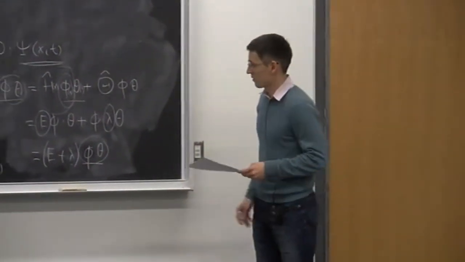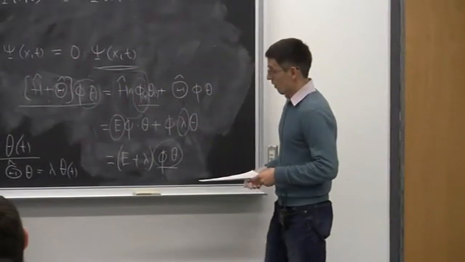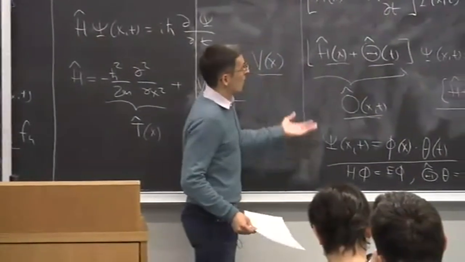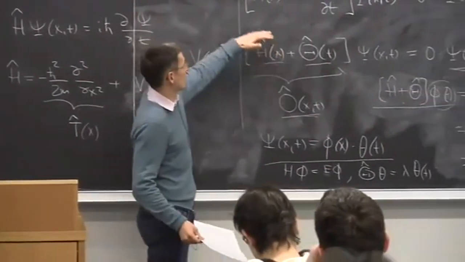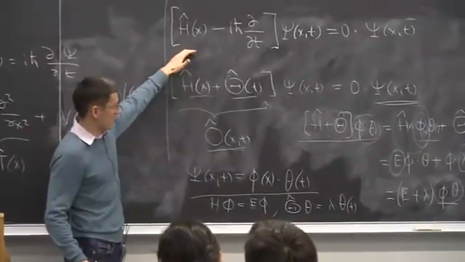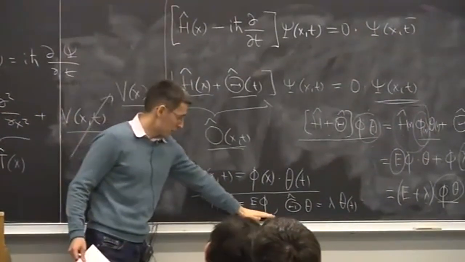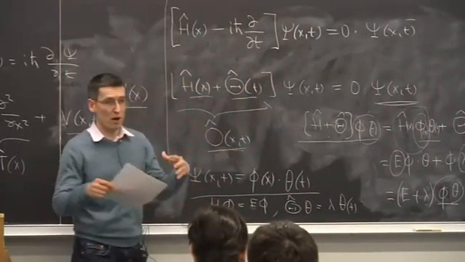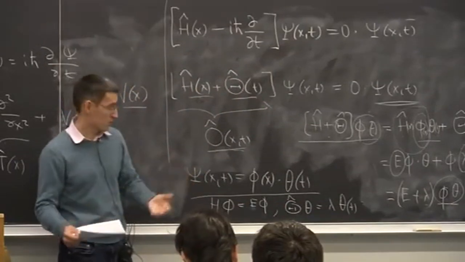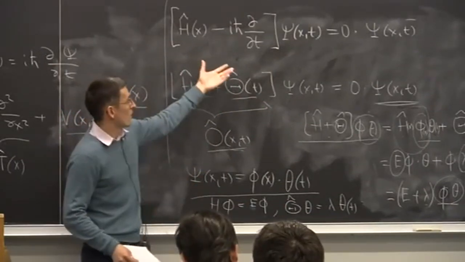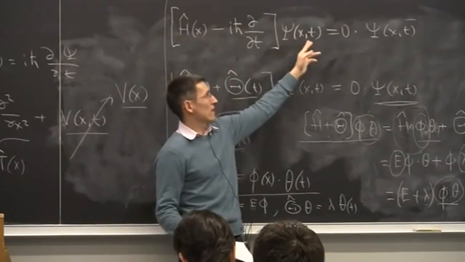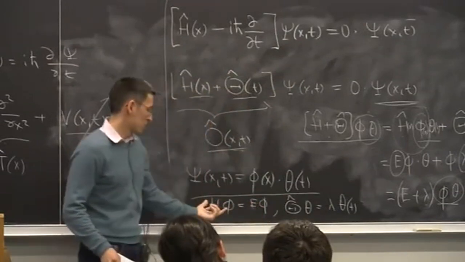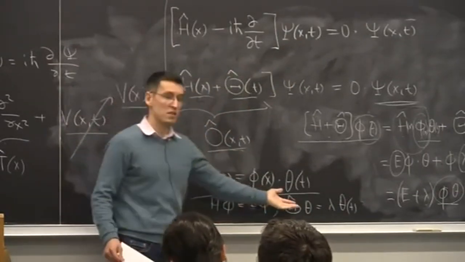So how does this help us? Well, obviously, all we need to do to solve this problem, or to solve the time-dependent Schrödinger equation, is solving this problem and this problem. So we split one big problem into small problems, because this problem was looking for a function of both x and t, while these two problems are problems for the function of x and the function of t.